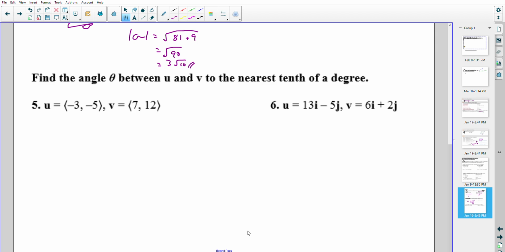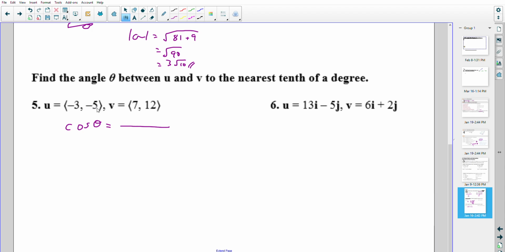So, for example, if you want to find the angle between these, you're going to remember that the cosine of the angle between the two vectors is equal to u dot v over the magnitude of u times the magnitude of v.